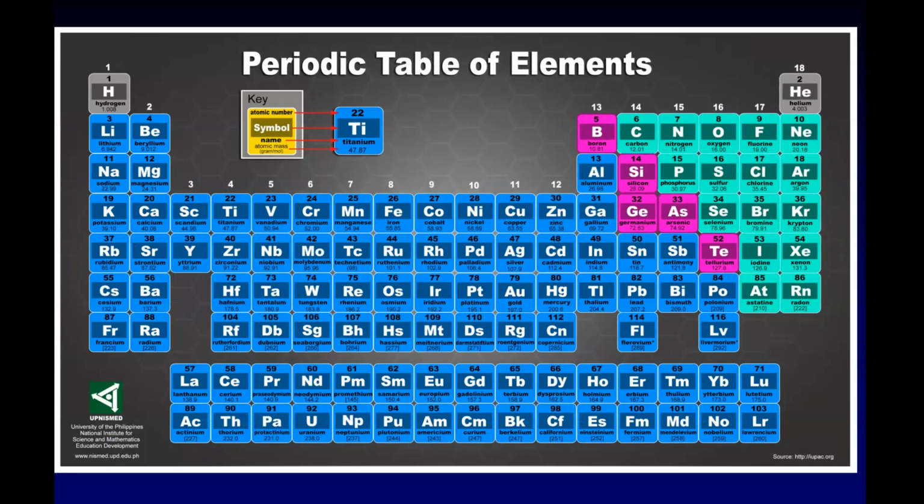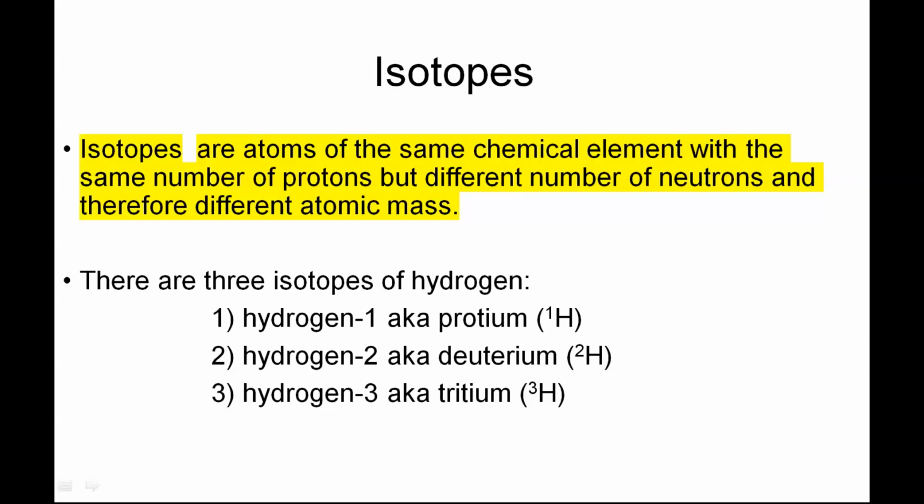So let's step back for a second and let's talk about this phenomenon in more detail. What we see in our environment when we start looking at atoms of different elements is that each element may have different variations.